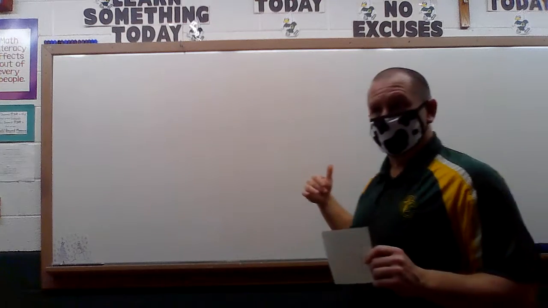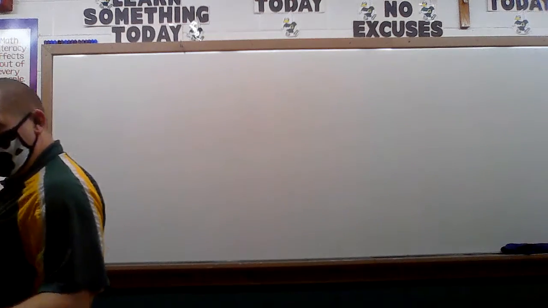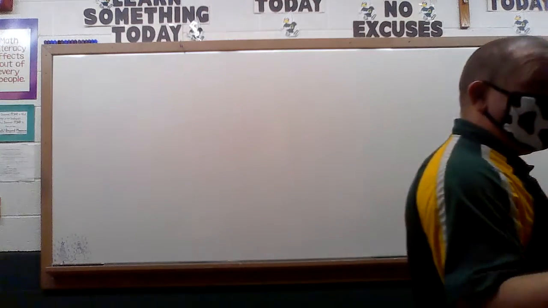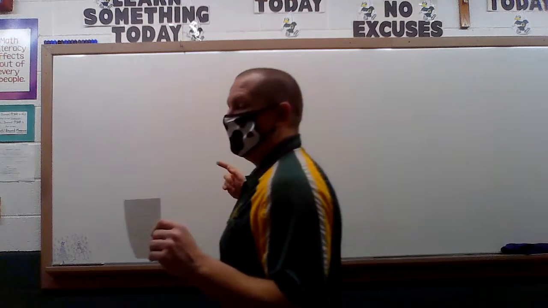And then the last one was the altitude. What's an altitude? Yes, it's the height, but what is an altitude? It has to form a right angle, but what's the other important part? It has to start from a vertex. What's also important about an altitude is that it could be anywhere with respect to the triangle, right?